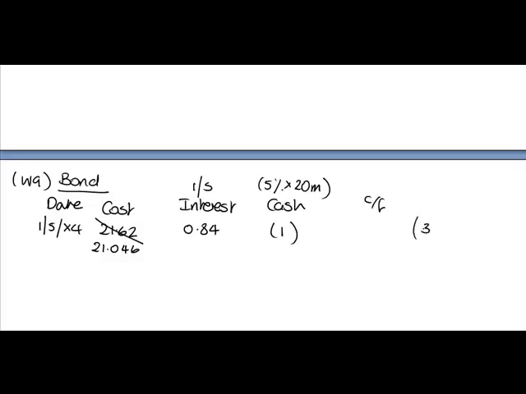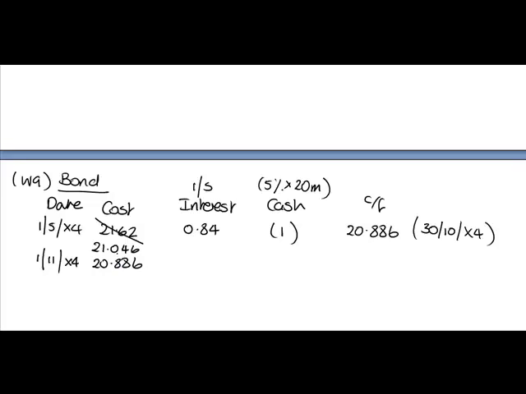And this is going to be at the 30th of the 10th X4. So after 6 months, 21.046 plus 0.84 less 1. 20.886. So we've got 20.886.